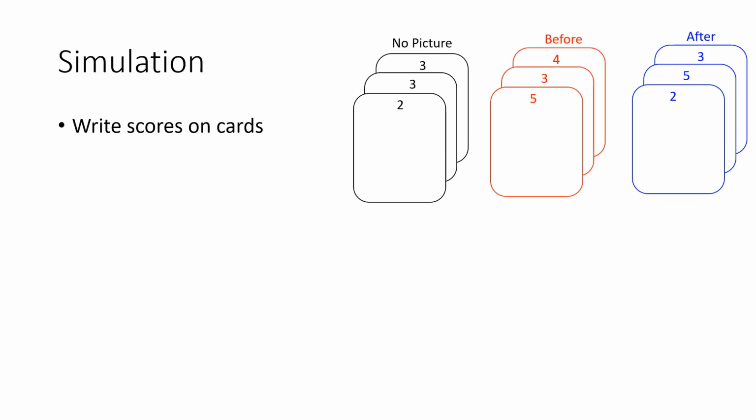To compute a simulation-based p-value for this study, we need to be able to simulate from the null hypothesis. In other words, we need to be able to simulate a situation where people's reading comprehension scores really have nothing to do with which group they're in. We can do this by imagining that we have index cards, and we've written people's reading comprehension scores on the cards.